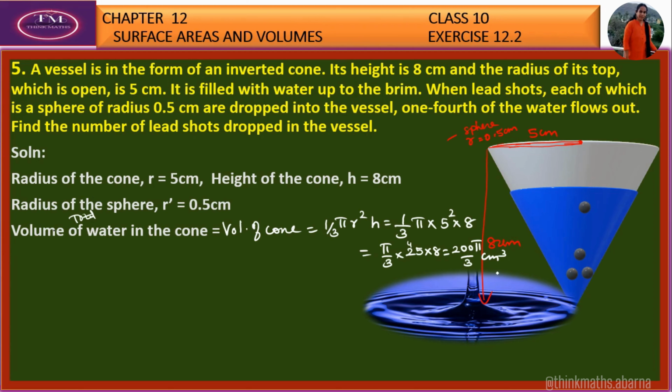Now we have to find out how much water is flowing out. It is given that 1/4 of the water flows out. So the volume of water that flows out is equal to 1/4 of the volume of water in the cone.